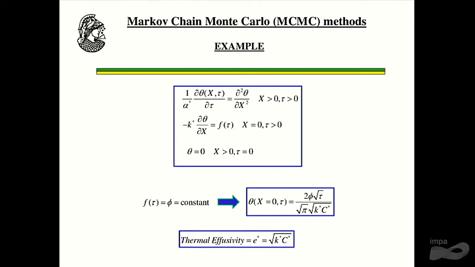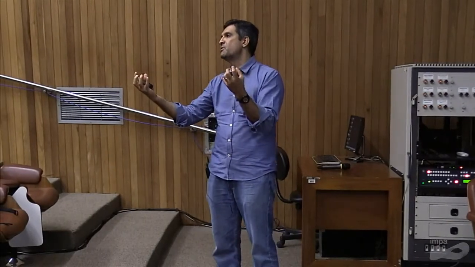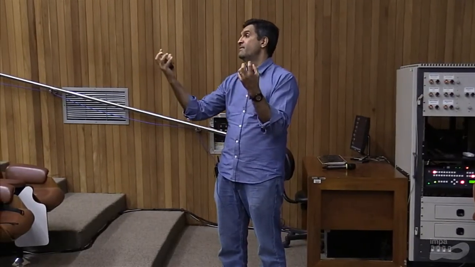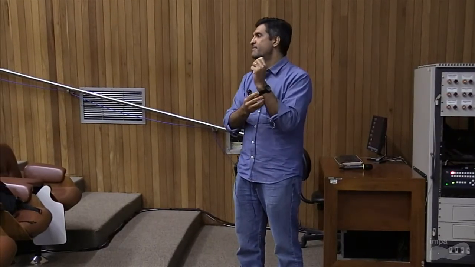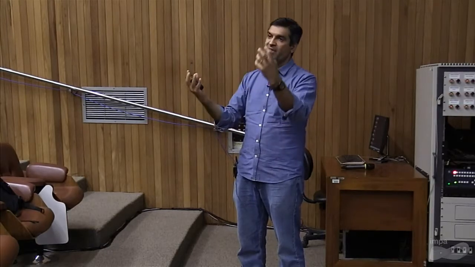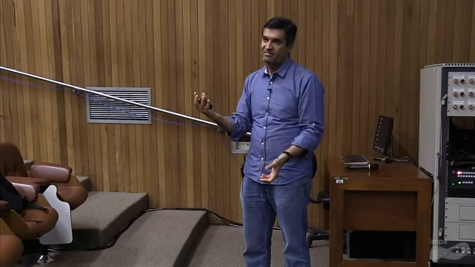Obviously, when we are characterizing the experimental setup and we use the reference material, I'm going to provide a very informative prior for the effusivity, so that I get an estimate for the heat flux.